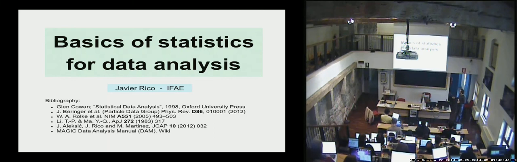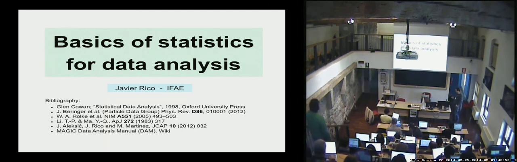So here is the bibliography I've been using. Basically, this Glen Cowan book is what I use for the unfolding part, so the last part of this talk. And then most of the statistical concepts that are used are taken from the Particle Data Book, for which you have the reference, 2012 edition, here.